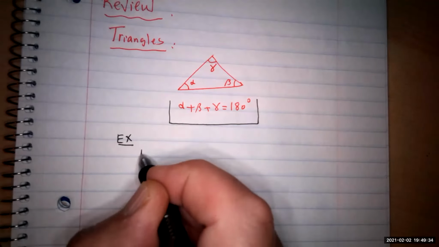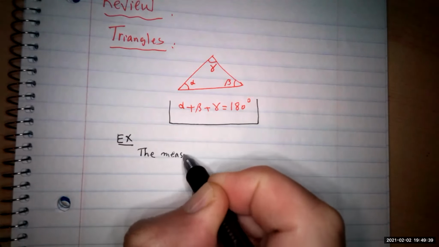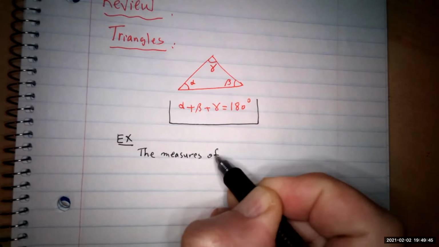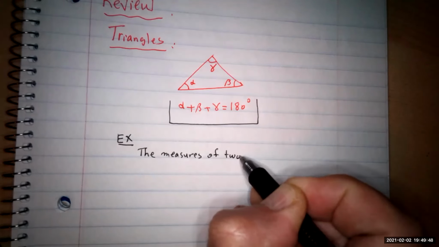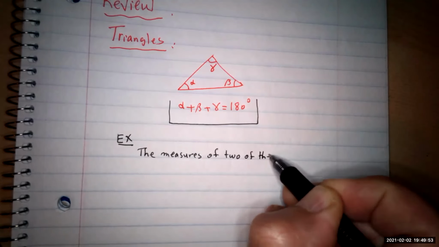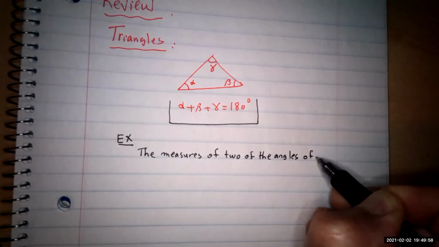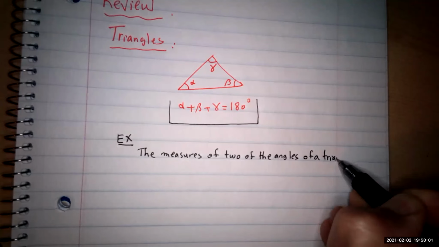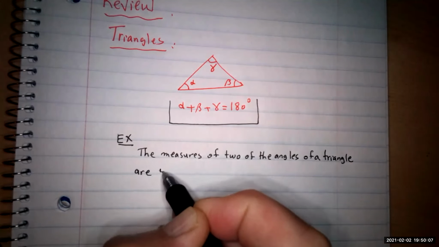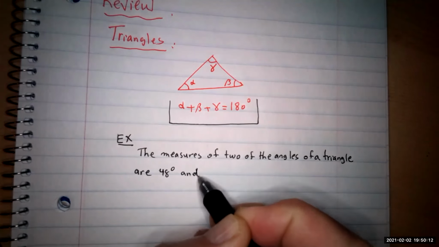Okay, so they give you this fact that the measures of two of the angles of a triangle are 48 degrees and 61.